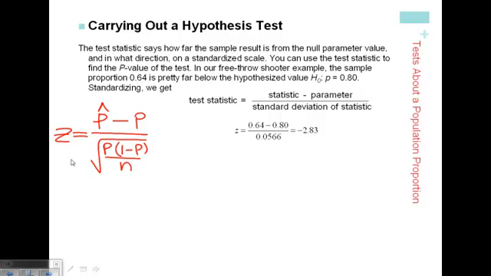Now here's where the book and I are going to differ a little bit. I would say something like, where are we getting the p-hat from? And you would say, oh, from our sample, that 32 out of 50, that's 64%. Where are we getting the p from? 0.8, because of the null hypothesis that we assume is correct. Now, this is where the book and I differ.